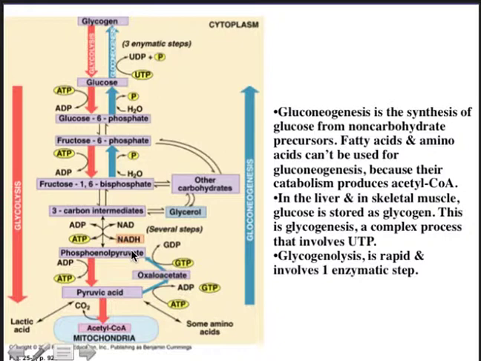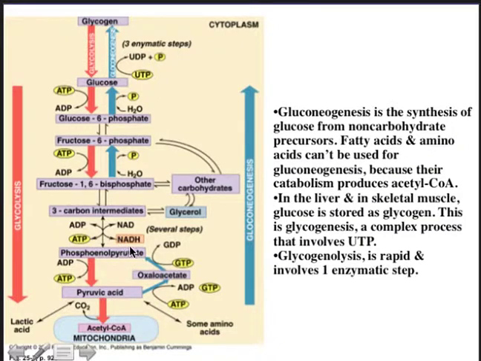PEP is an important intermediate in glycolysis and in gluconeogenesis because it itself is a high energy molecule. It is a phosphoenol, and the phosphoenol configuration has a lot of energy stored in the bond between the phosphate group and the carbon skeleton.